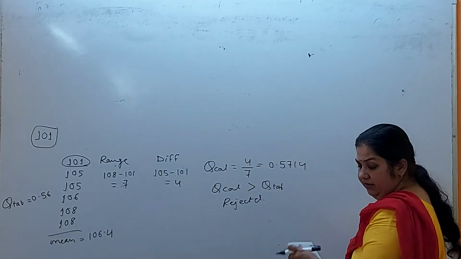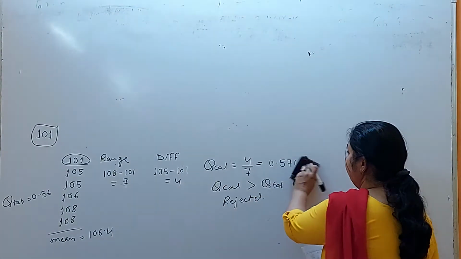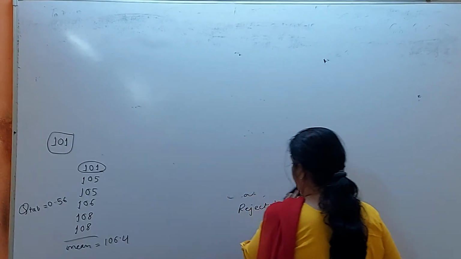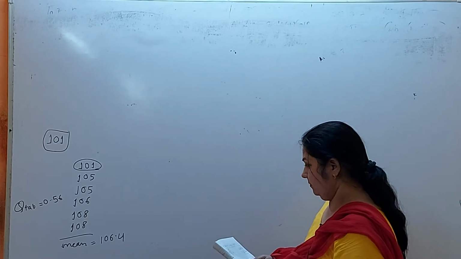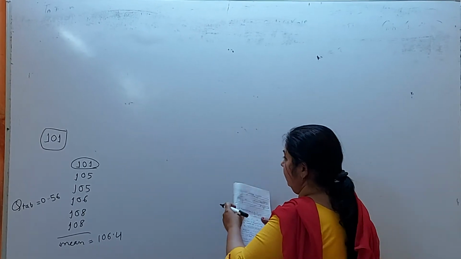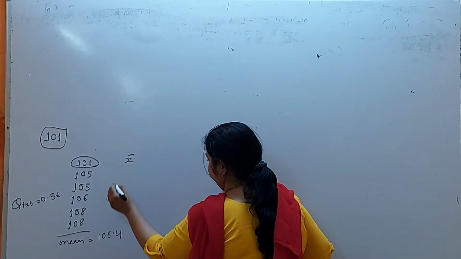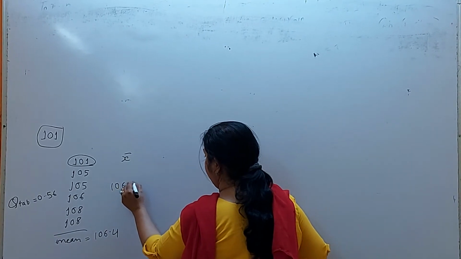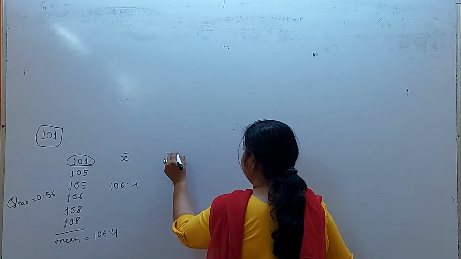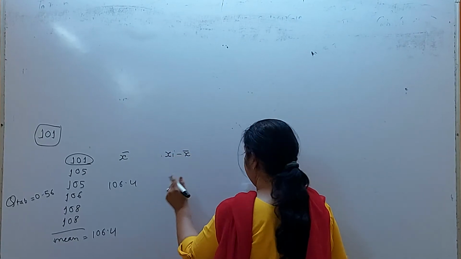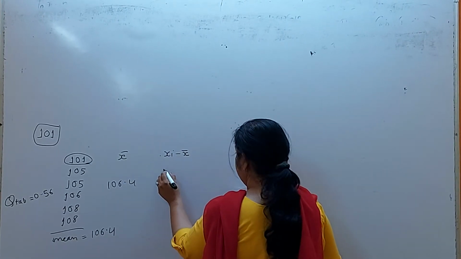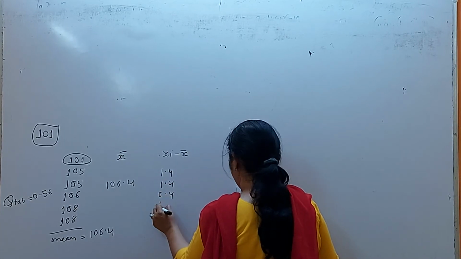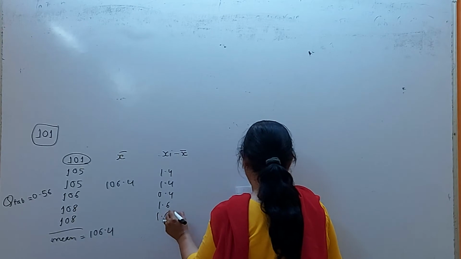Now calculate the average deviation. xi minus x bar for each reading comes out to be 1.4, 1.4, 0.4, 1.6 and 1.6.